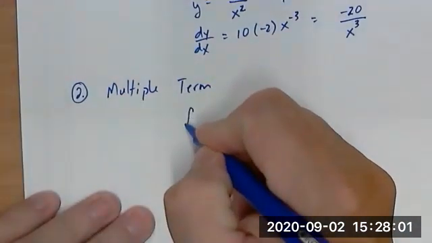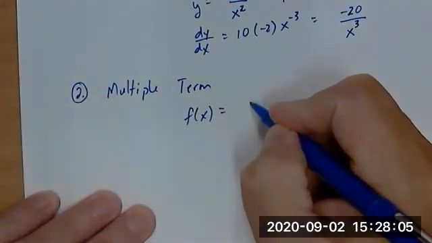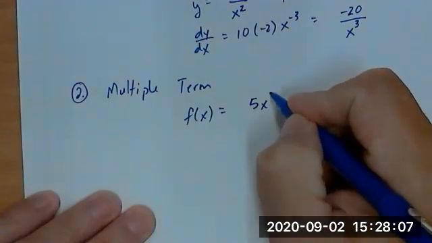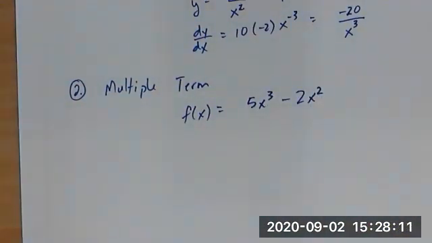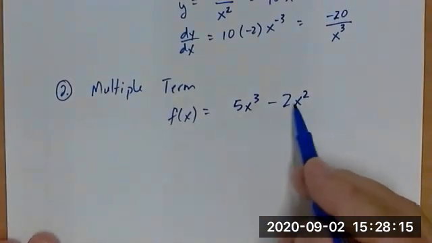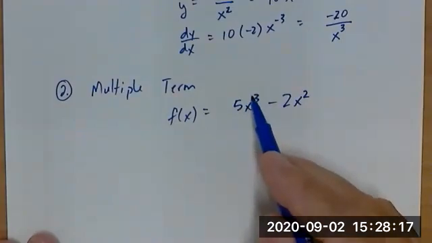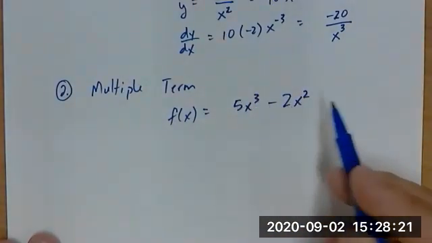So for example, well, if we have a function like this, turns out we have two terms. First term, 5x cubed, minus the second term, 2x squared.